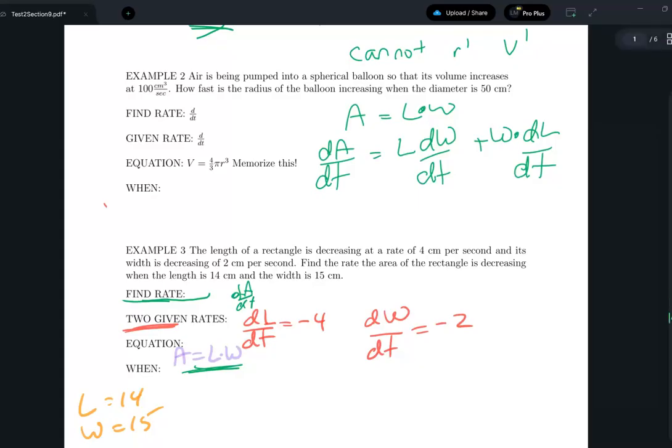Let's plug what we know in. dW over dt is -2, dL over dt is -4. And look at that, they give us the L and the W, don't they? L is 14, W is 15. So there you go. If I add those numbers together, it is a negative number, so that is decreasing.